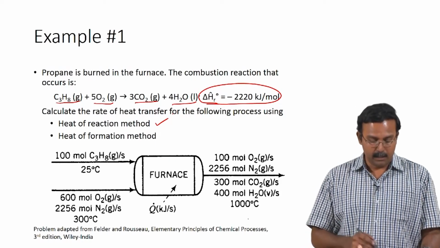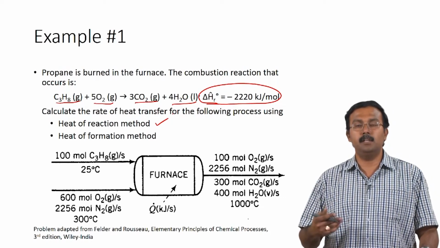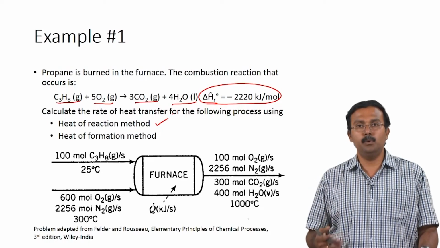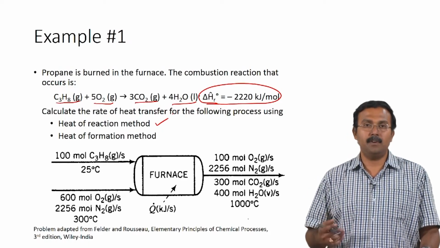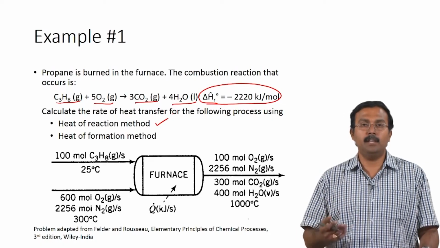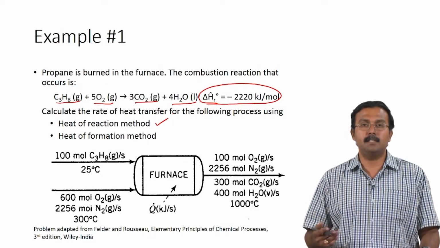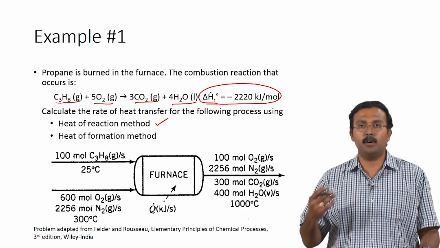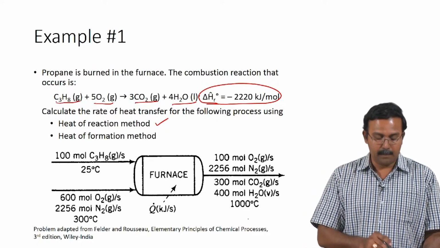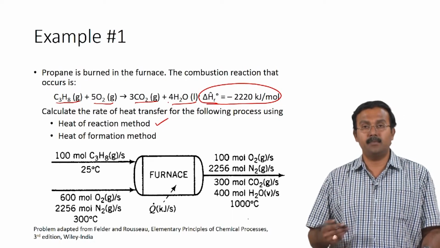The second method is the heat of formation method. Here you would inherently use the heat of reaction instead of explicitly using it. How you do that is you use the reference states which would be used for the formation reaction. We already know what a formation reaction is: elements which exist in their native forms come together to form a compound. For example, in this case you would use carbon solid, oxygen gas and hydrogen gas as the reference states.